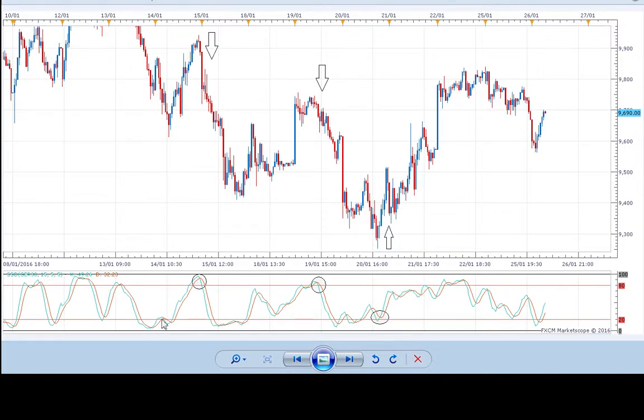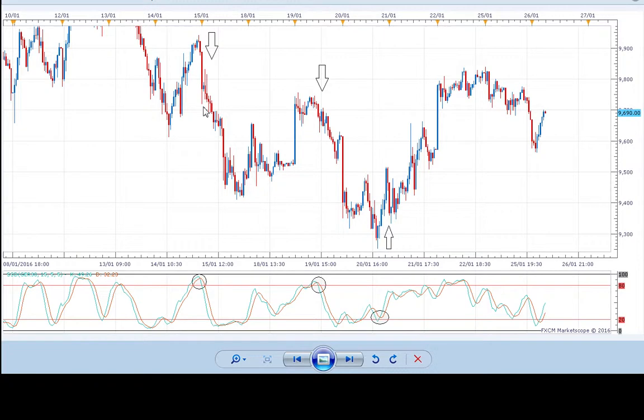Here we have used a stochastic oscillator. We know that we're in a bearish market, so we're looking for selling signals. So we're looking for points where the lines are crossing in the direction of the trend from the overbought zone, which in this example would have been here.